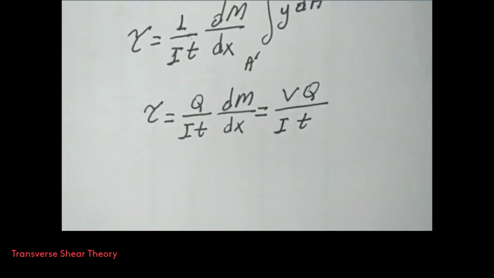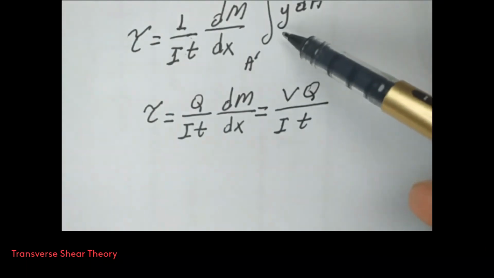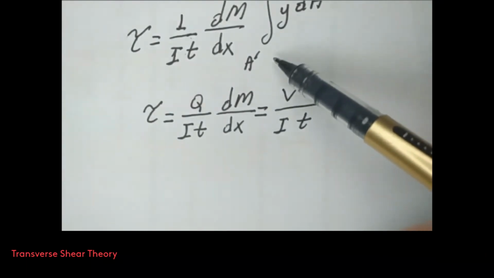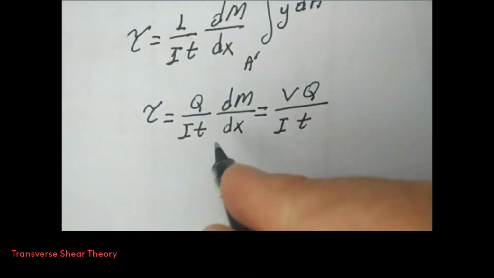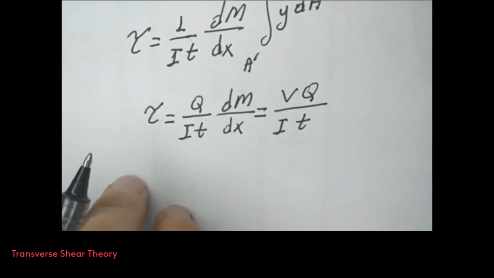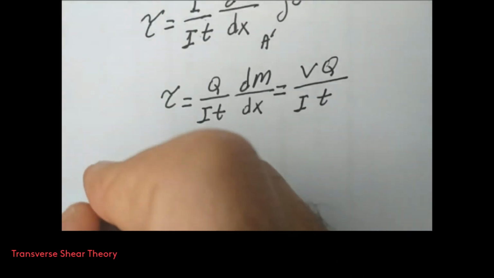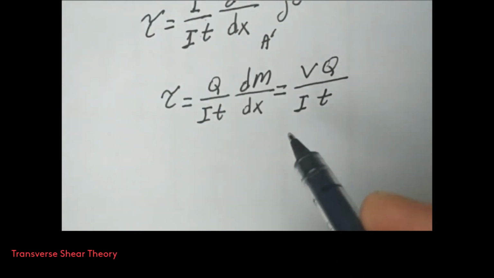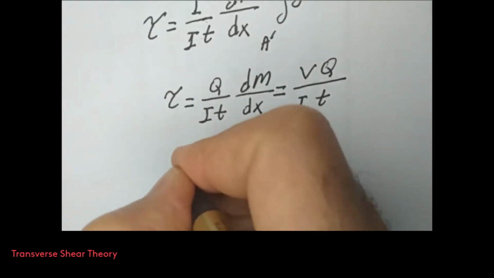Now the point is how we can calculate this Q. This is something new for us, because it might be a little bit challenging for complicated cross sections. So let's write the Q again.